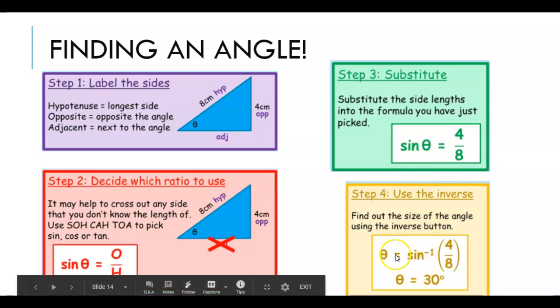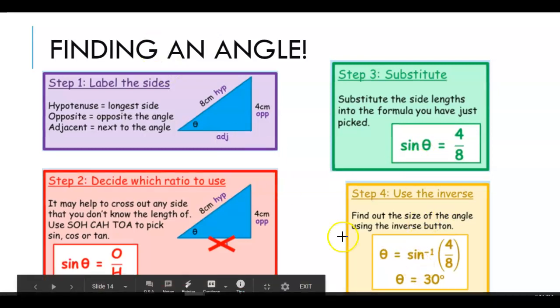Okay, and that's how we write the inverse of a ratio. In this case, we deal with sine, so we're going to have sine, and it's written with an exponent of -1, but it's never read as sine to the exponent of -1. We just say the inverse of sine.